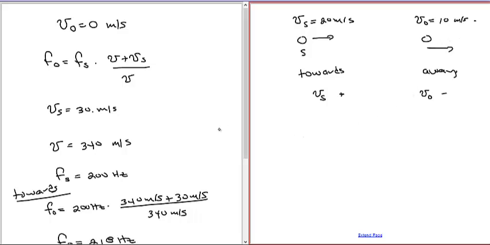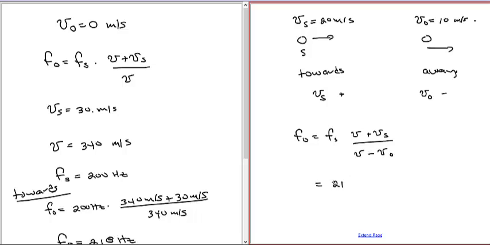So let's use this, well, we already have the numbers here. So the frequency the observer hears is going to be the frequency of the source times the speed of sound, which we'll keep at 340 meters per second, plus the velocity of the source divided by the speed of sound minus the velocity of the observer.